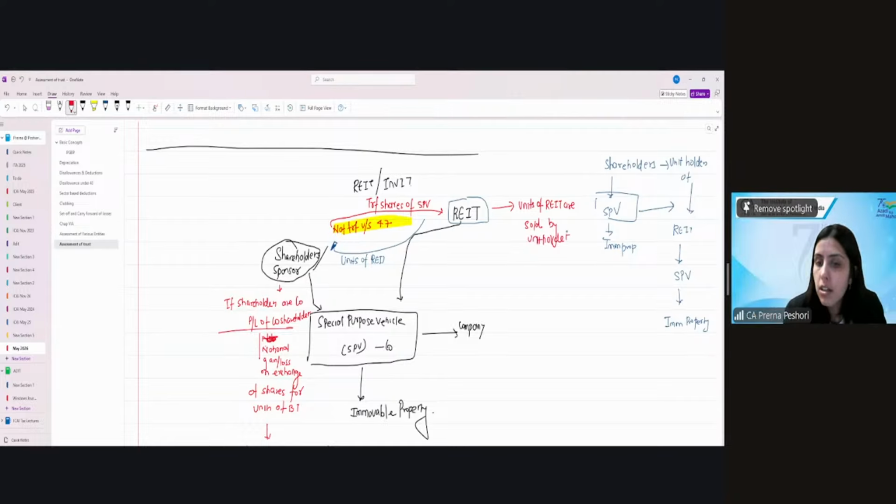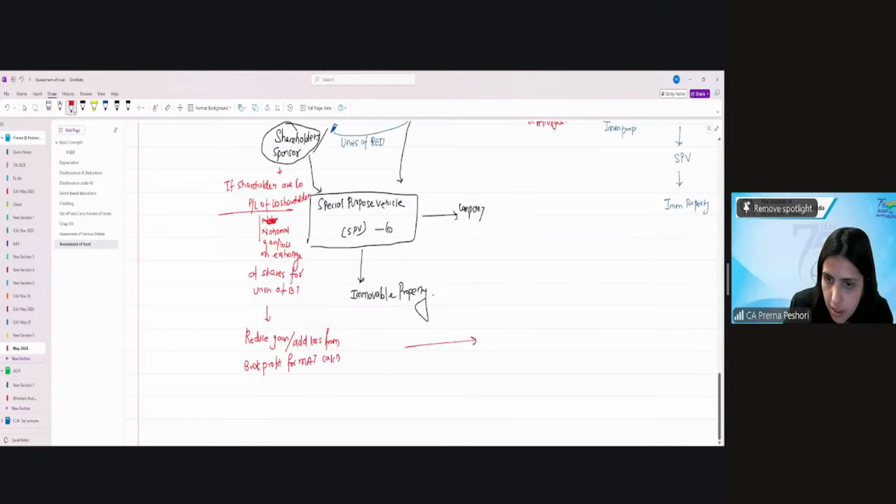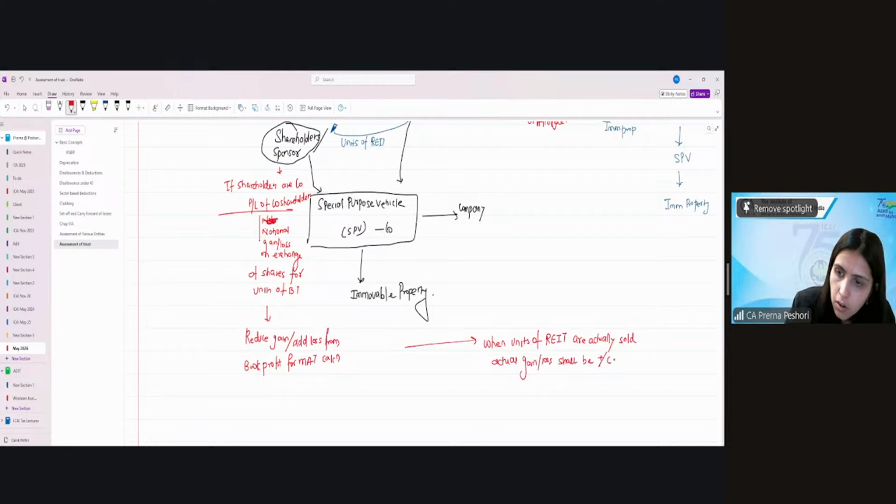So here you will write: when units of REIT are actually sold, actual gain or loss shall be added or reduced from book profit. Clear?